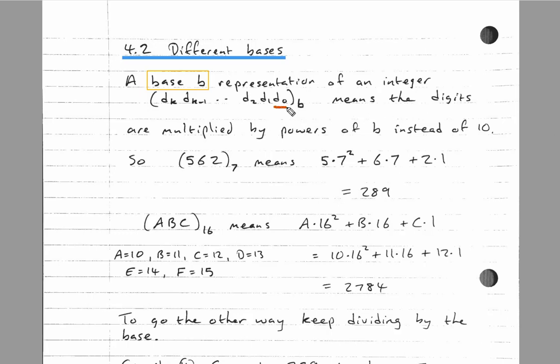The first digit, d sub 0, is always times 1. The next digit is times b to the power 1. This one times b to the power 2. Each next digit is multiplied by a higher power of b. Don't forget, the first one is like b to the 0. It's always the units, the ones, for this right-hand digit.